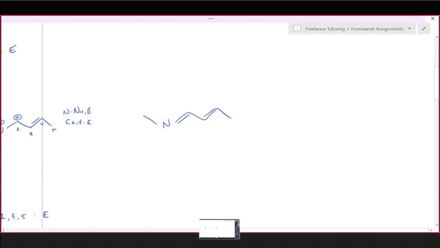Now, this time try drawing a resonance structure using only one arrow. Okay, could just do that. Good. And now let's draw the picture we get from that.